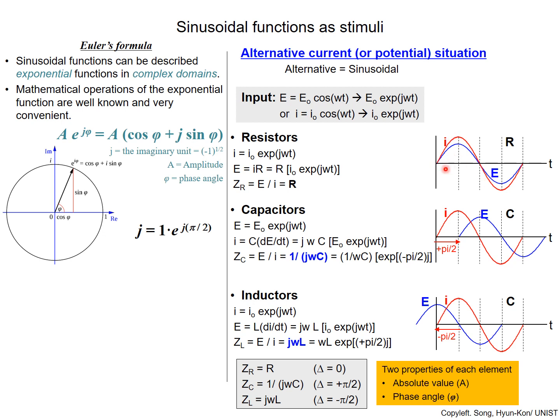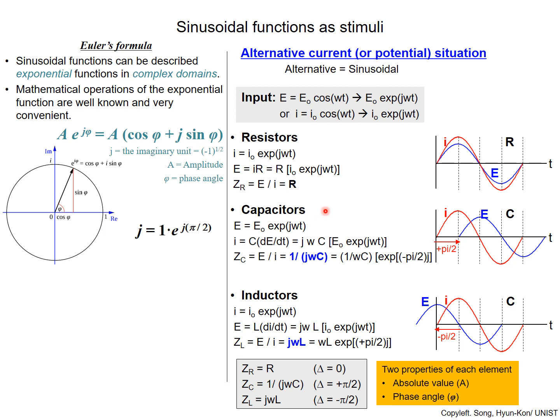Also, there is no phase angle change. So there is no phase change; the maximum values for current and potential are found at the same point, and the phase angle difference is zero.